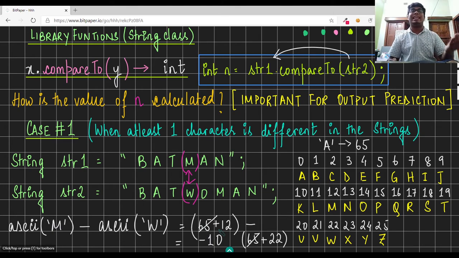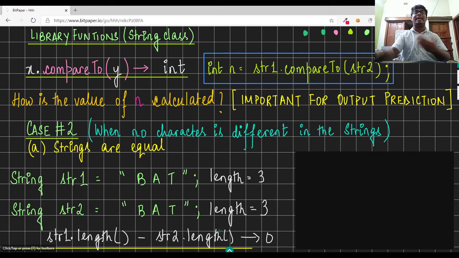And there's case 2, and in case 2, there could be two sub-cases. Firstly, where the strings are equal, you subtract their lengths. If you subtract the lengths where these two strings are equal, you would get back 0, and that would mean that your strings are equal.